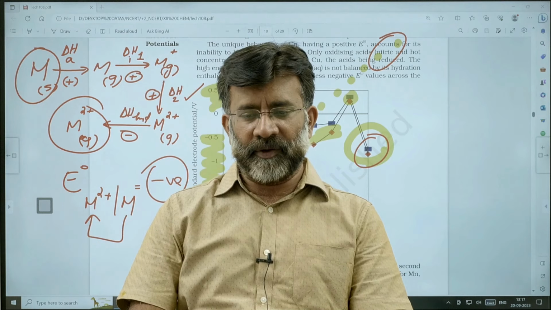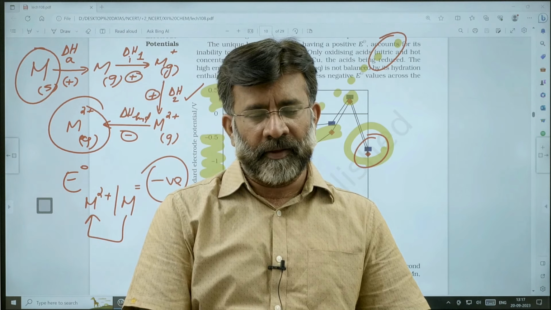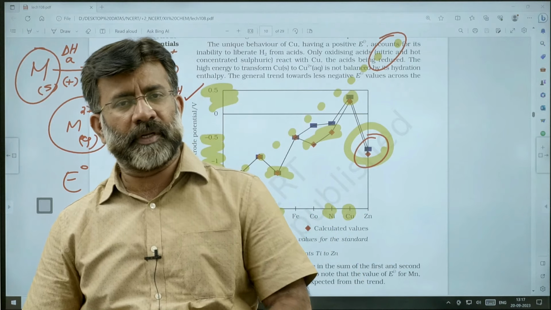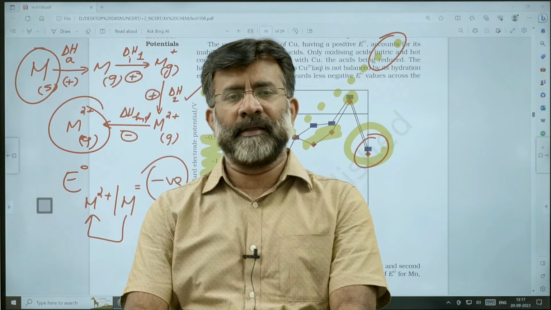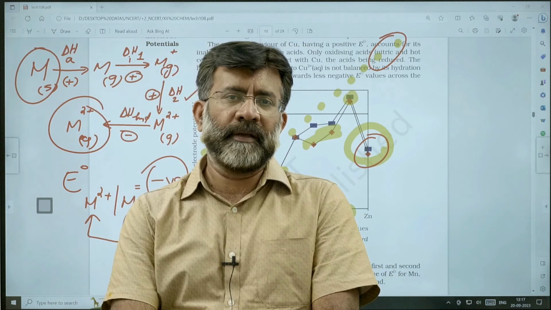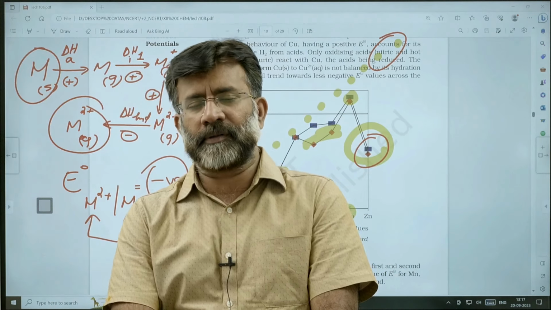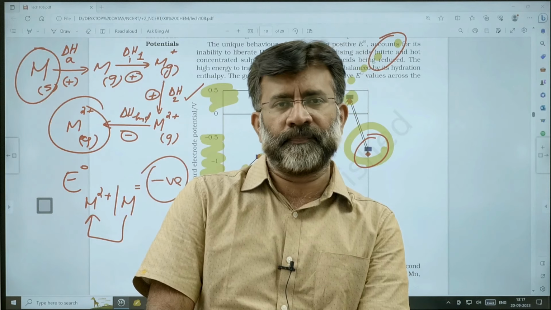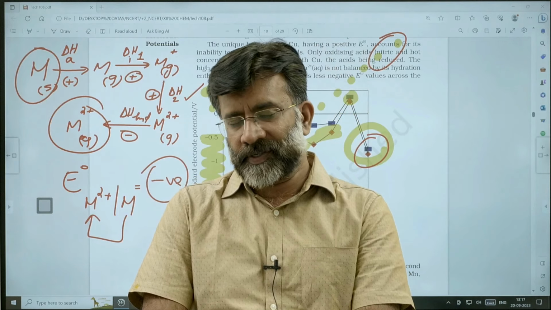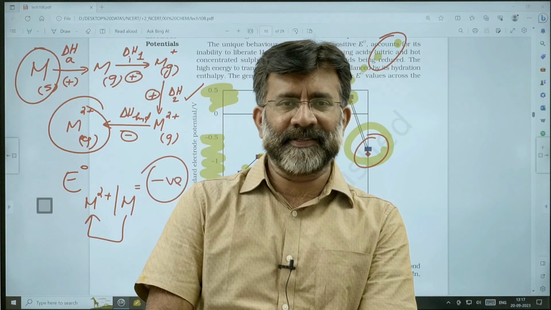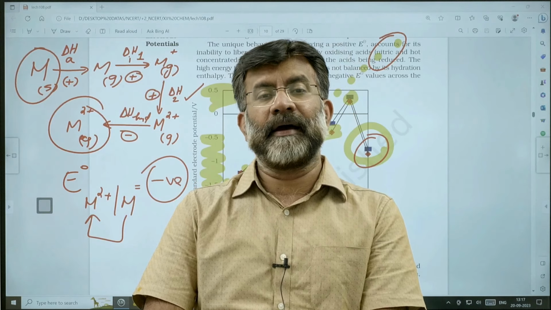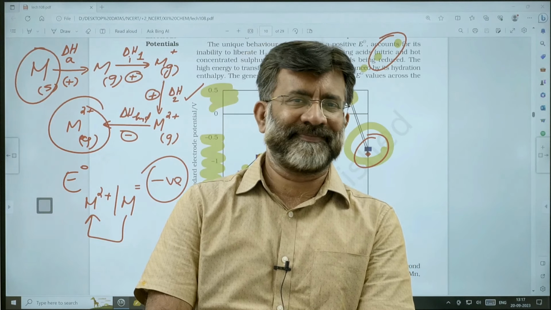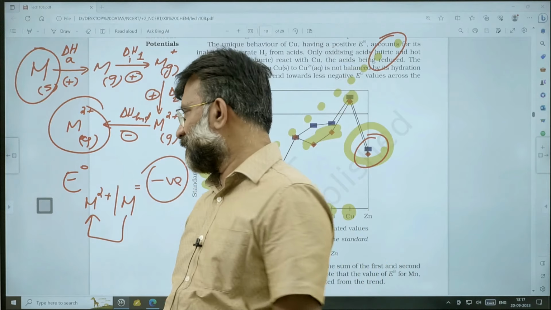So whether a value comes more to the negative side or goes more to the positive side, it is reflected by four thermodynamic data: enthalpy of atomization, first ionization enthalpy, second ionization enthalpy, and hydration enthalpy. That is the reason. Okay.